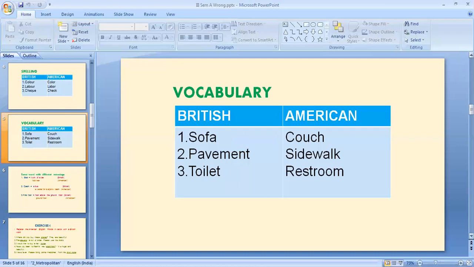The way intended for walking beside busy roads is called pavement in Britain, but Americans use the word sidewalk for the same thing. And Britishers commonly use the word toilet, but Americans call it restroom. So in this way, the thing referred to is the same, but the words used are different in British English and American English.